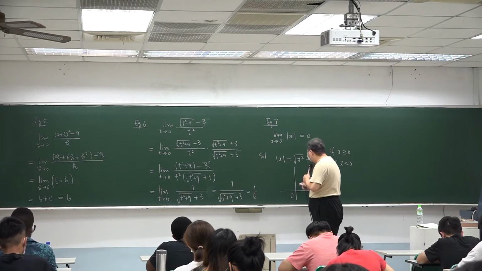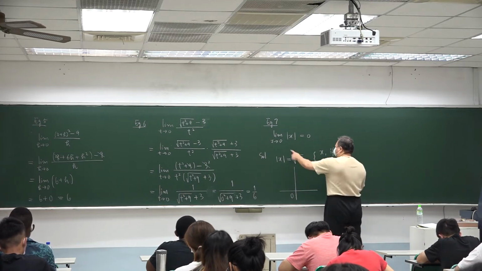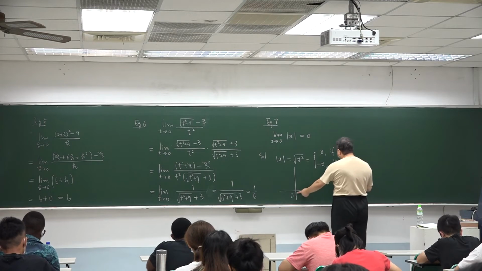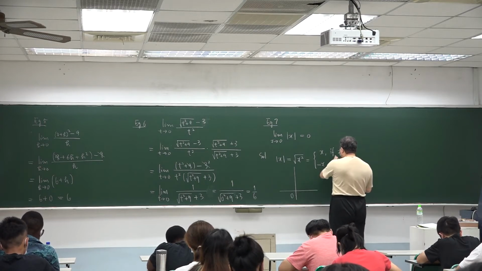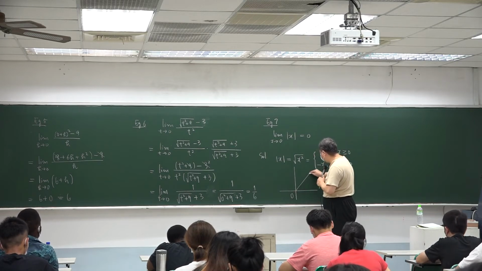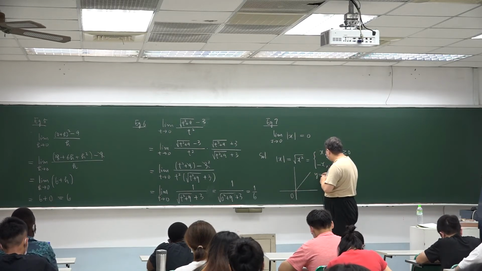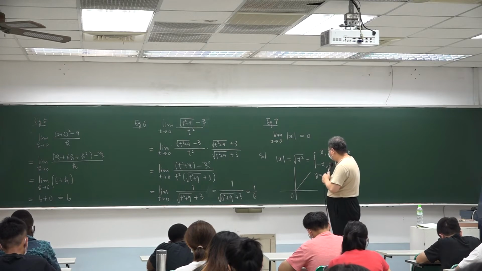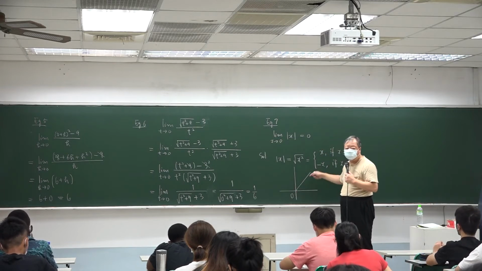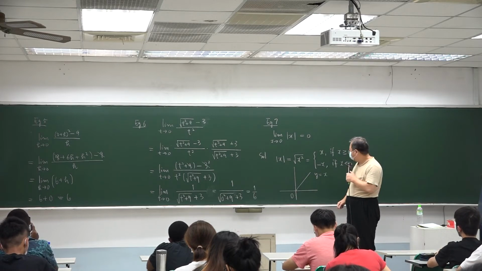At the origin, at 0, the right side of this position is defined by y equals x. Y equals x means a straight line that passes through the origin with slope 1.